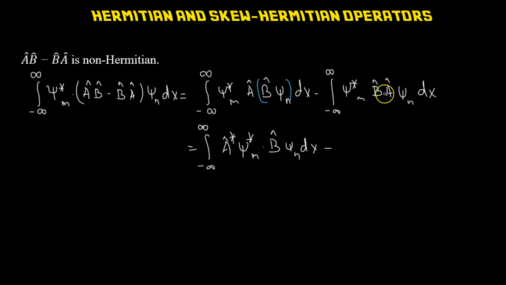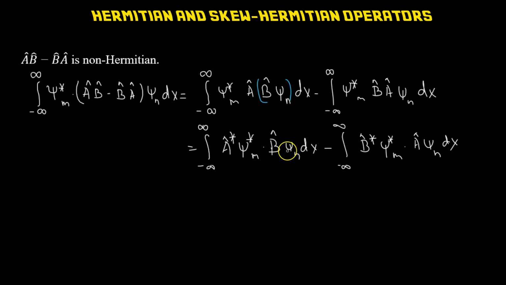Same goes for the second integral. This can be written as B conjugate operating on psi star m times A psi n dx.